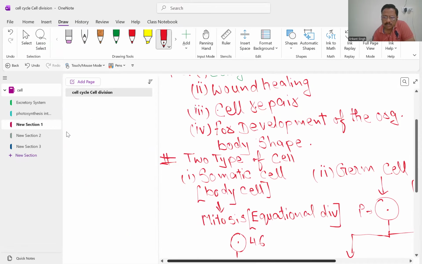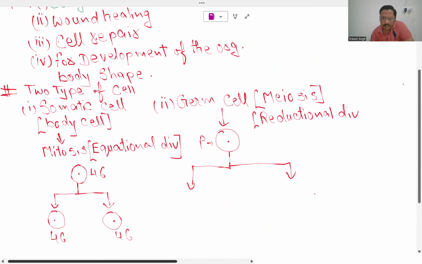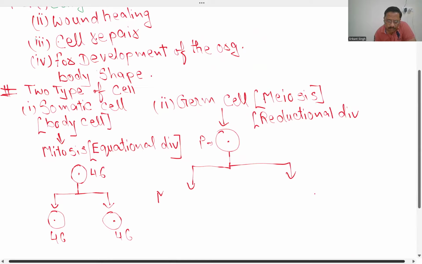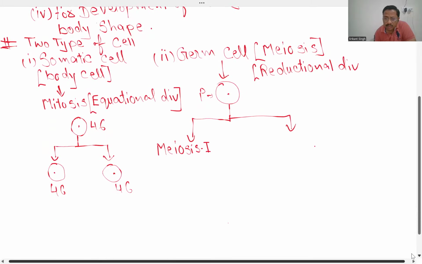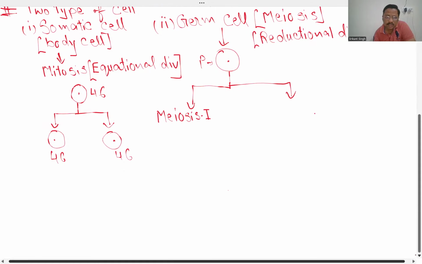Let's take a look. Meiosis 1. Meiosis 1, beta, always remember, is the reductional division. In this phase, the chromosome number is going to be halved.